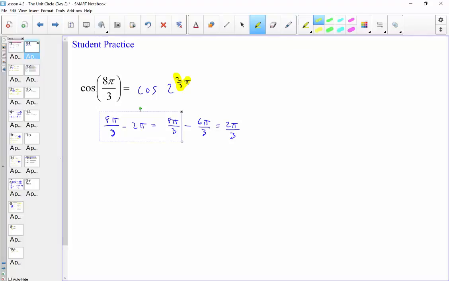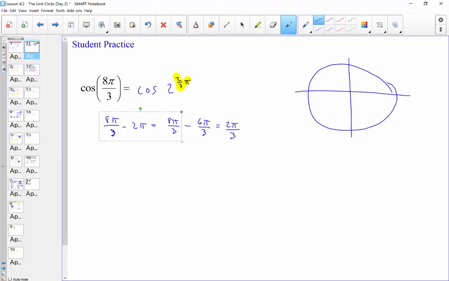Let's diagram this to help us see this problem a little bit more clearly. So draw a unit circle, and our coterminal angle we just found is 2 pi over 3, which would be approximately right here. So theta is here, and theta prime, our reference angle, would be the difference between the terminal side of the angle and our x-axis.